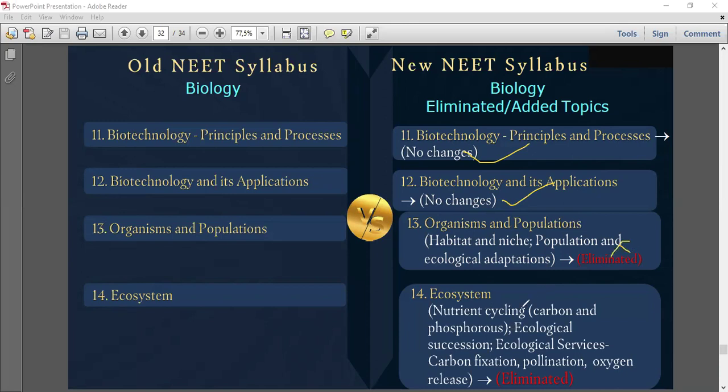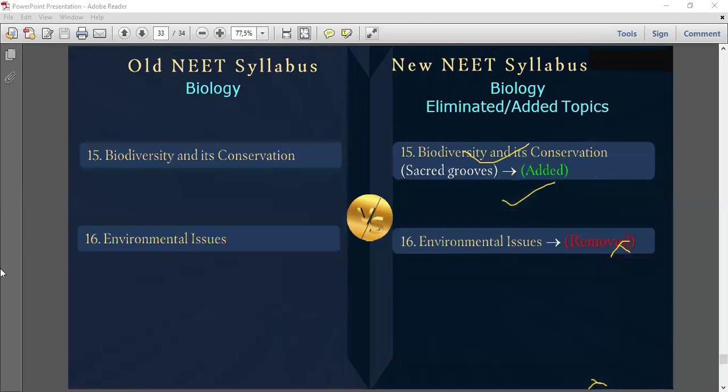Then ecosystem, nutrient cycling, carbon and phosphorus, ecological succession, ecological services, carbon fixation, pollination, oxygen release. This topic is eliminated. Okay, fine. Then from biodiversity and its conservation, sacred groves, this topic is added, and environmental issues, it is removed.